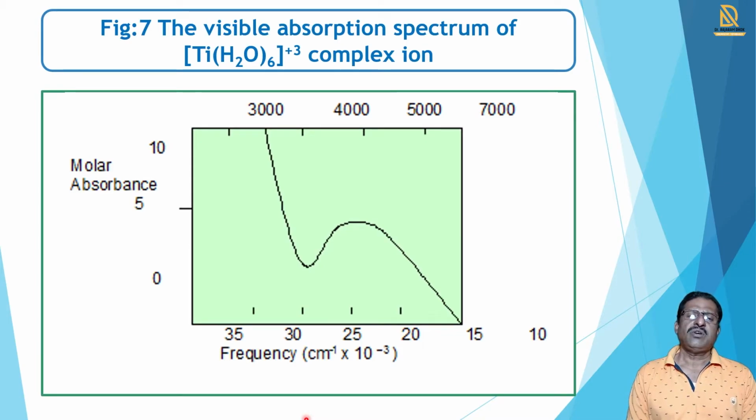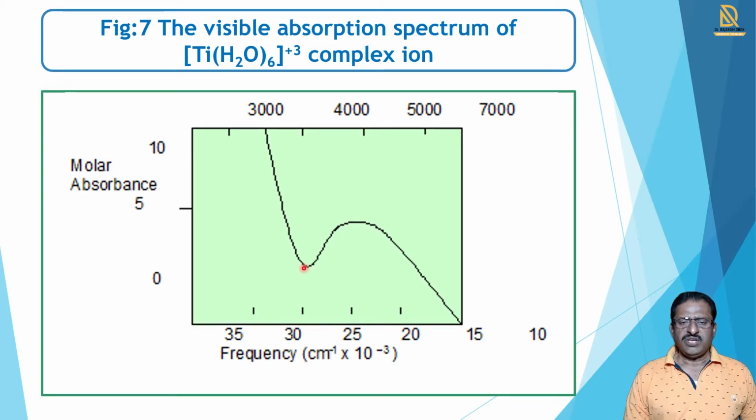Now we see one other example, the visible absorption spectrum of titanium hydrate, that is [Ti(H2O)6]3+. This complex ion is given, and when we measure the spectrum, on the x-axis is given the frequency in cm^-1 × 10^-3, and on the y-axis is shown the molar absorbance.